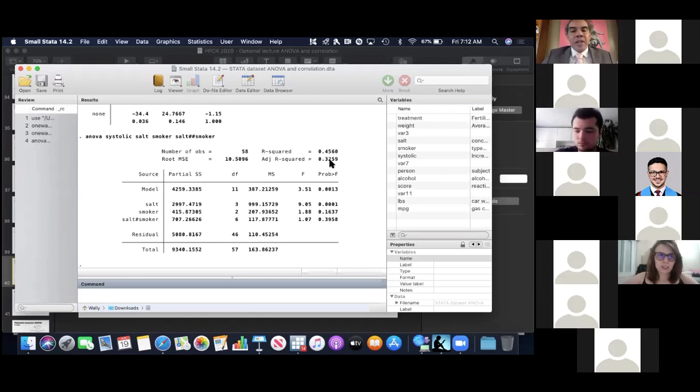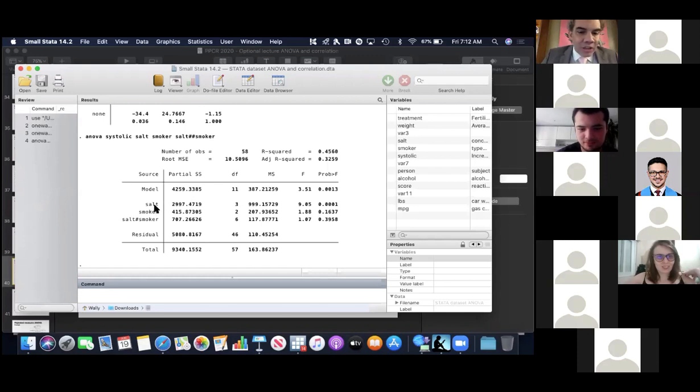It means that this model explains 32% of my variability, meaning that there is 68% of the variability that is not explained by this model. So maybe I could add some variables to increase the accuracy of my model. Doing this by hand is like 2 days of work. It's horrible.